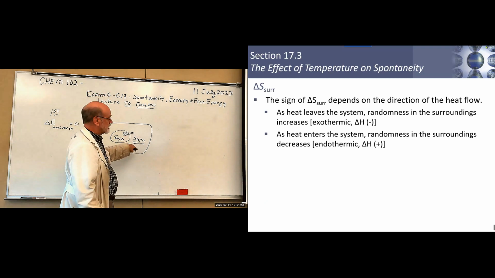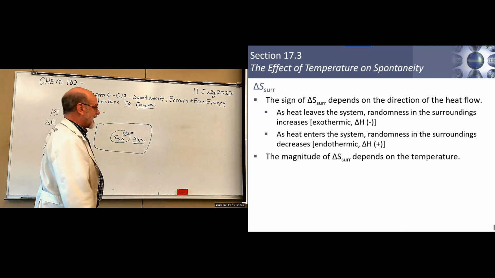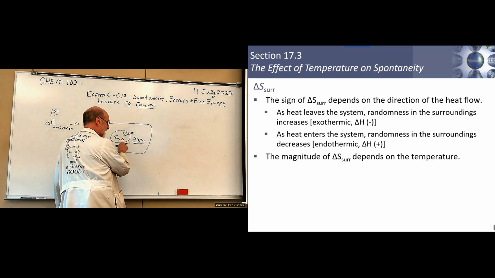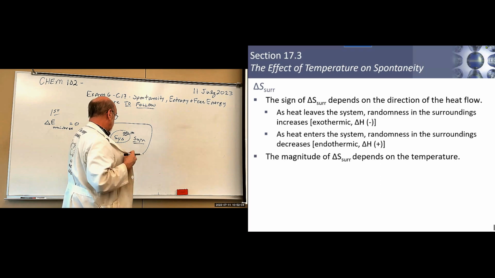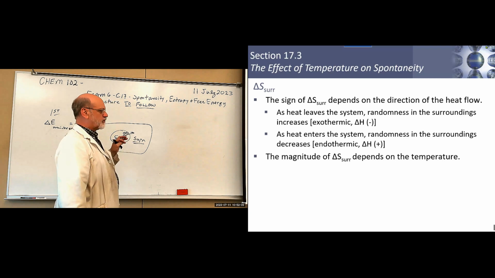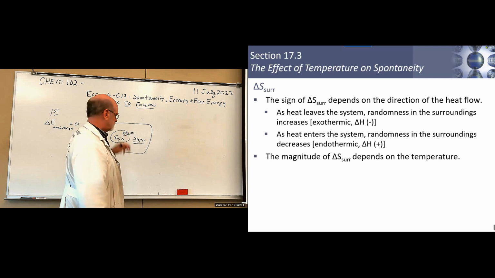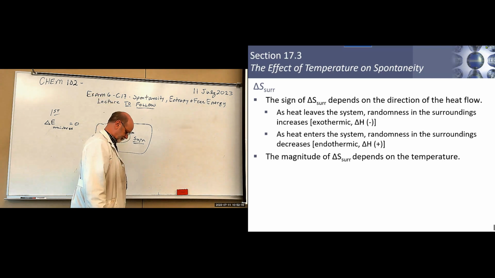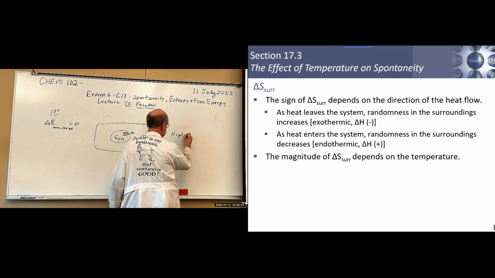If the heat goes the other direction, then the entropy of the surroundings should be decreasing. And the change here depends on the temperature. Like we were saying before, the temperature influences it. If we have high temperature, let's put this back up here again, low temperature, right?